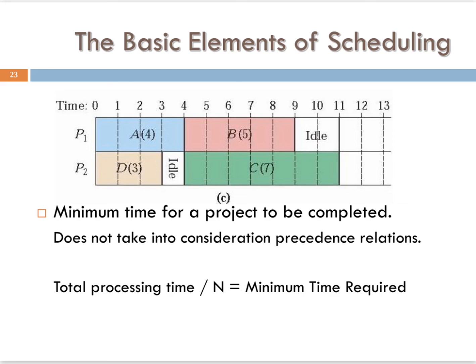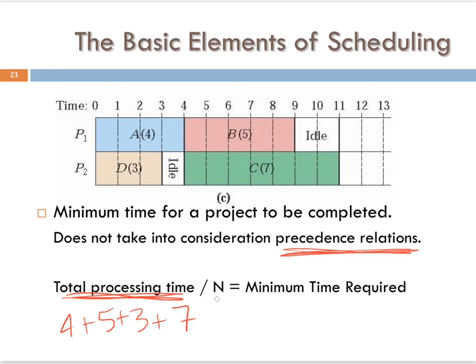So now we're going to calculate the minimum time for it to be completed. Now, the minimum time does not care about precedence relations. This is just theoretical. So if we have a 4-hour, a 3-hour, a 5-hour, and a 7-hour, and we have 2 people working on it, we're going to take our total processing time. So we're going to take the 4 plus 5 plus 3 plus 7.